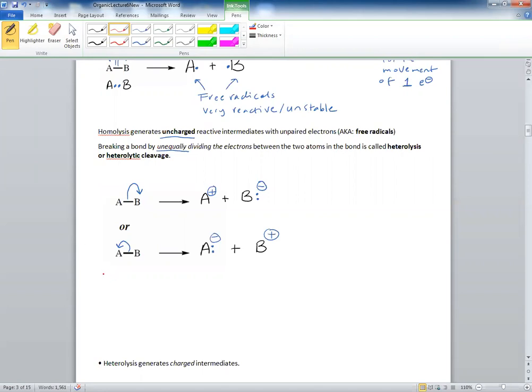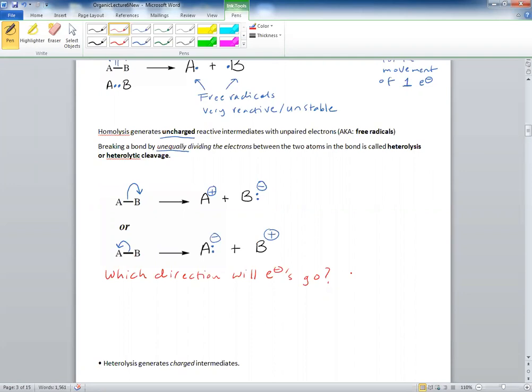So you ask yourself, which direction will electrons go? That's the question: how do we know where it goes?